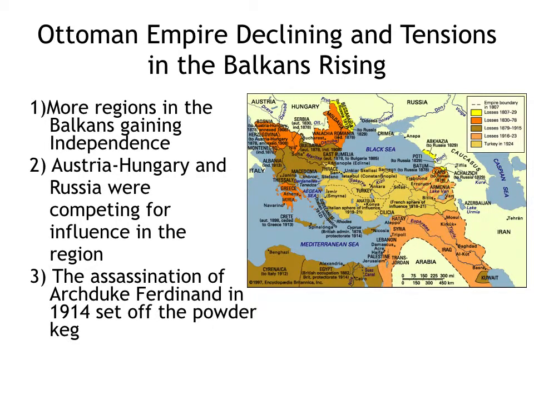Its influence was declining, its empire in the Balkan Peninsula was crumbling, and in particular, the Empire of Austria-Hungary and the Russian Empire were competing for influence in the region. And Austria-Hungary had annexed part of the Ottoman Empire's territory to itself, the modern-day state of Bosnia-Herzegovina.